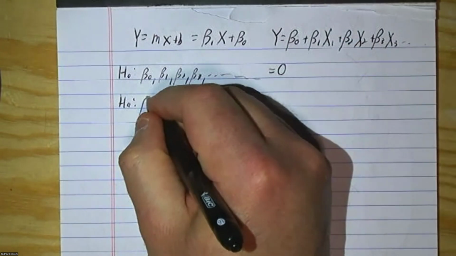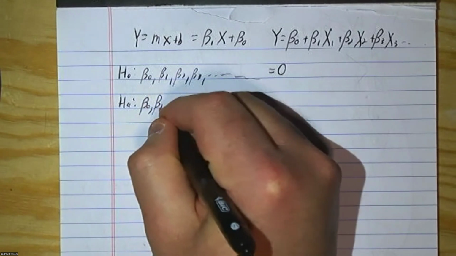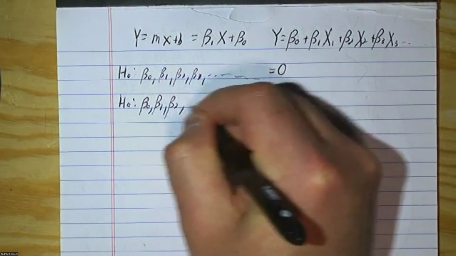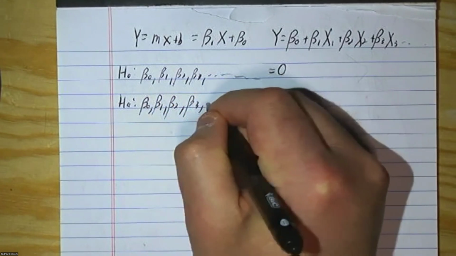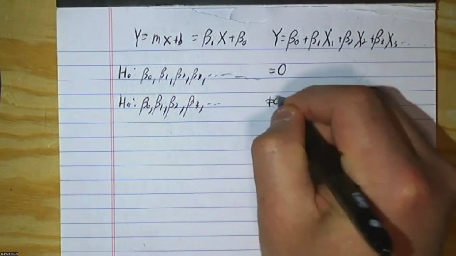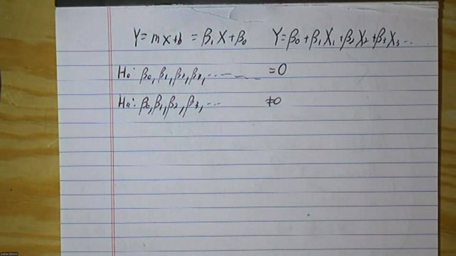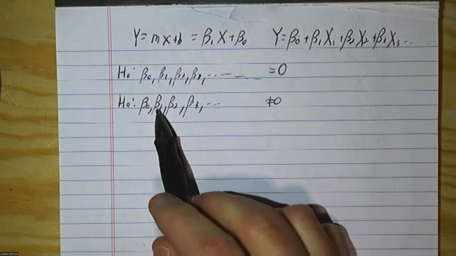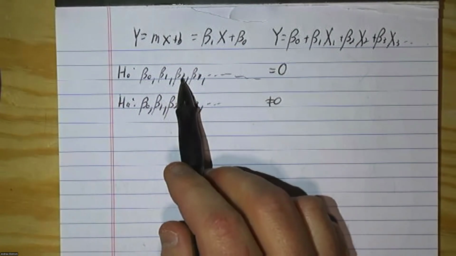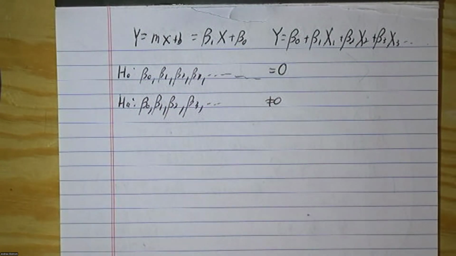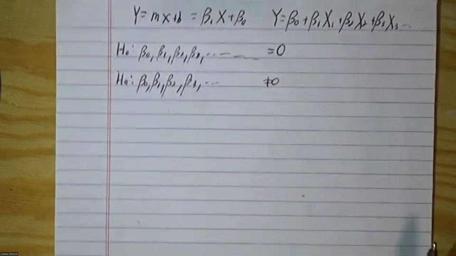The alternative is that these are not equal to 0. So which one are we going to choose? Sometimes we'll choose down here, sometimes we'll choose up here. We honestly can't tell.